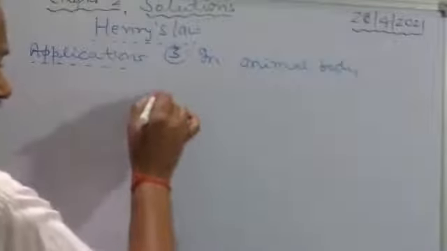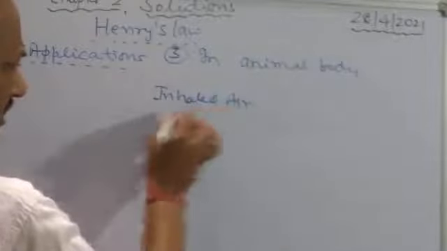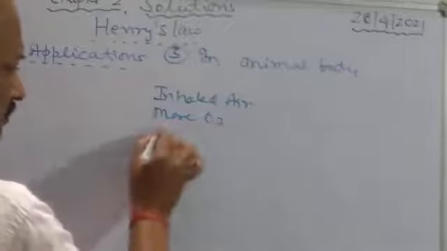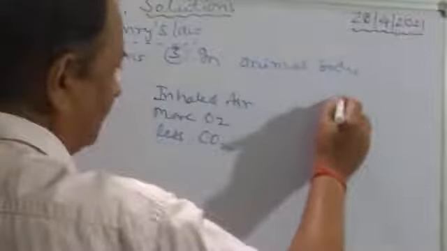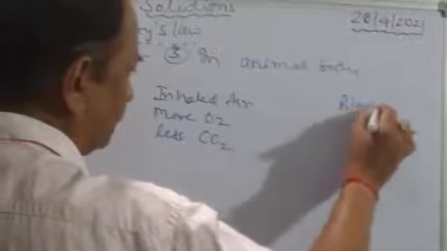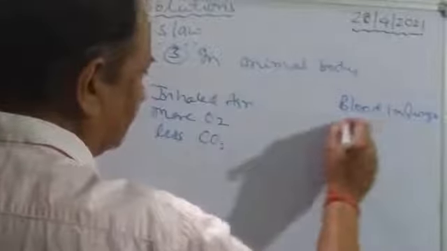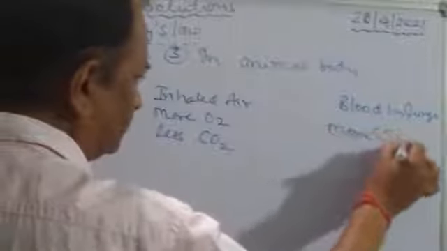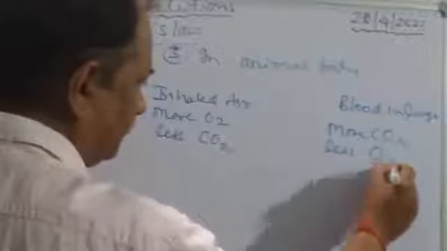And so what happens? The inhaled air has more oxygen and less CO2, and the blood in the lungs has more CO2 and less oxygen.